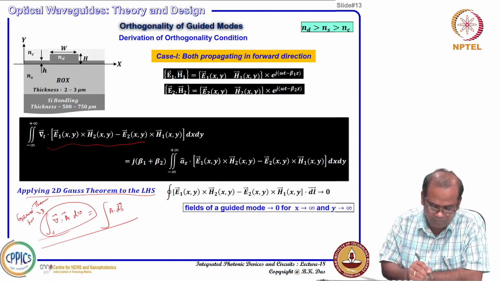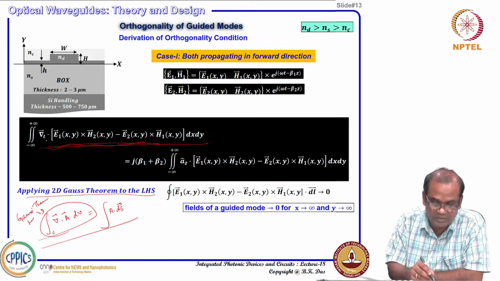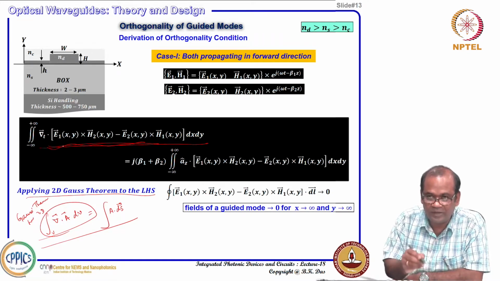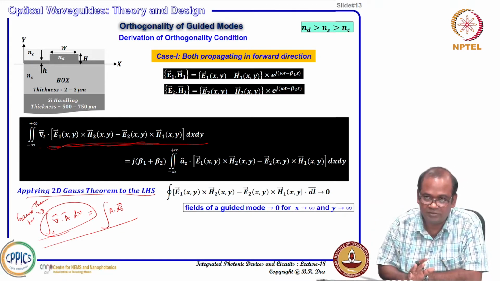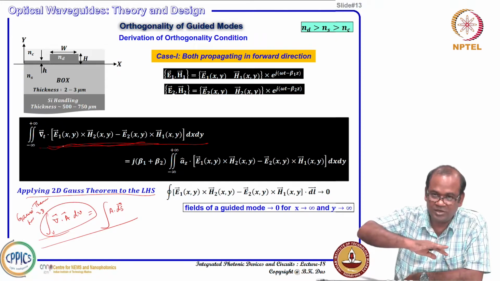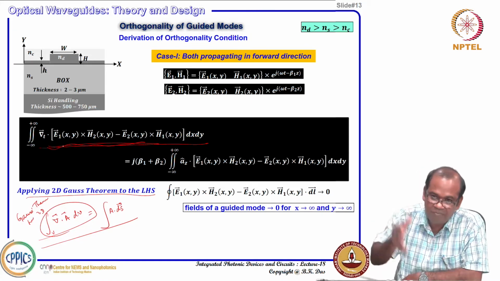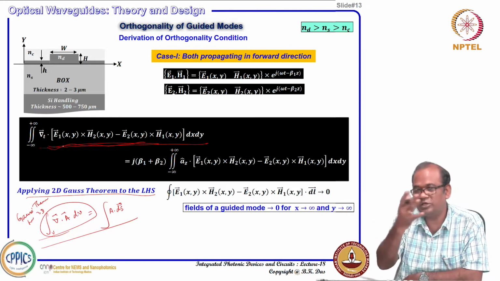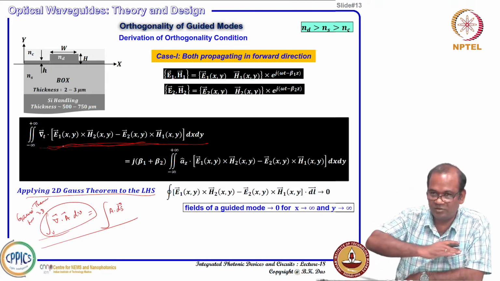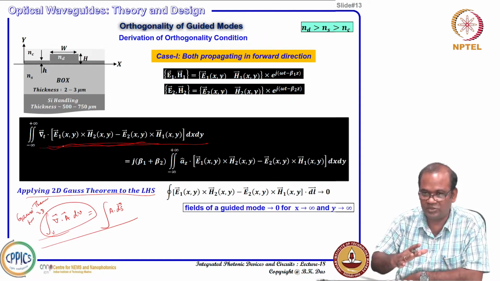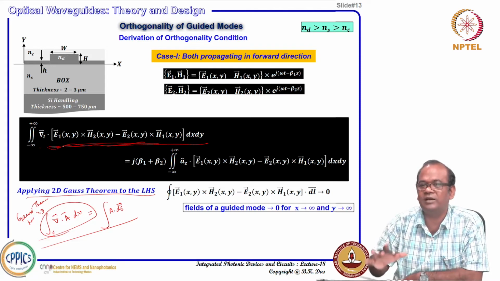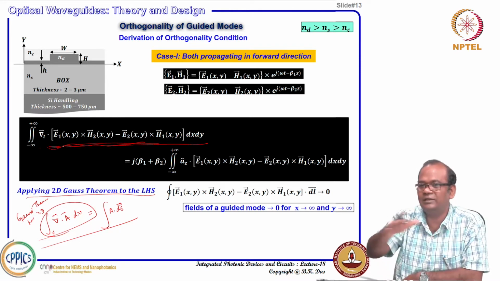But we want to apply this Gauss theorem in the 2D case. Here also it is divergence, but 2D, only the xy plane; you are forgetting z. When you consider a 3-dimensional volume and apply Gauss theorem, you reduce it to a surface. But for a 2-dimensional problem, the divergence theorem reduces it to the perimeter, a line.